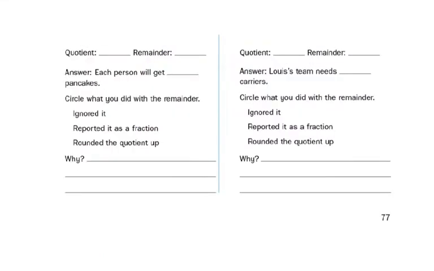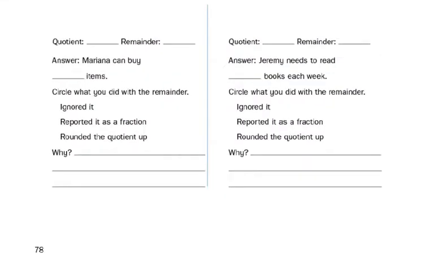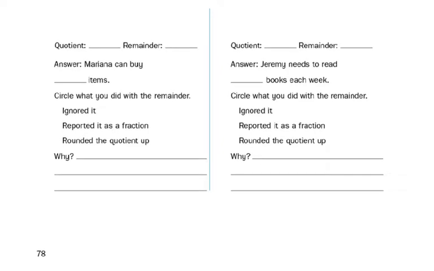Now let's go to the bottom of that page. The quotient, it said that she could buy 4 pieces of clothing and the remainder was 12, which means $12. So how many items can she buy? Can she go to Target and say, can I just buy half of that shirt or a third of those pair of pants?